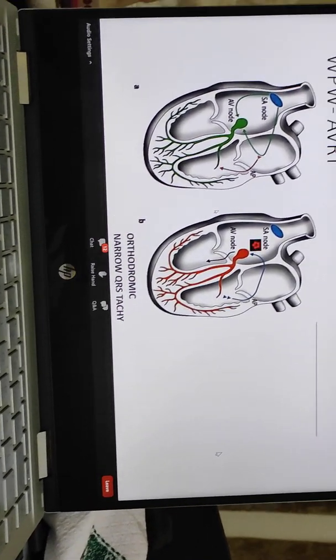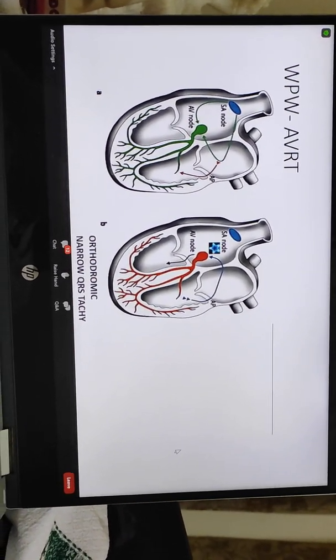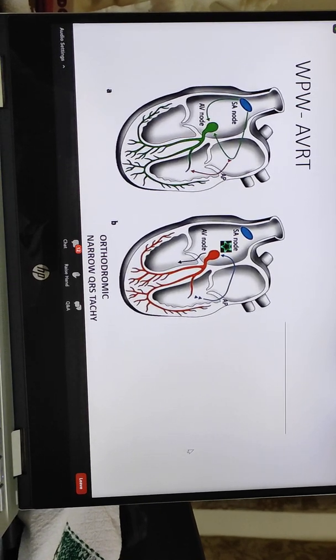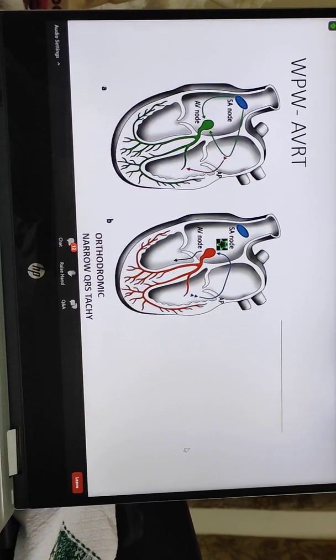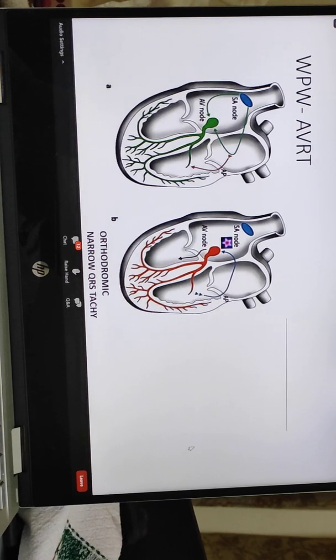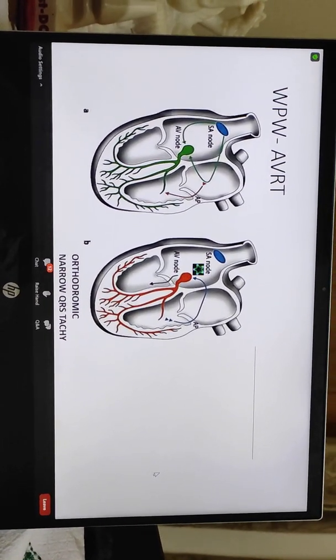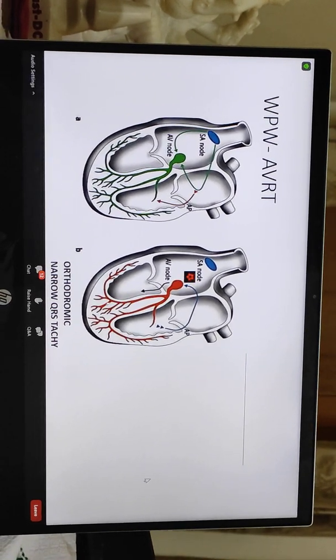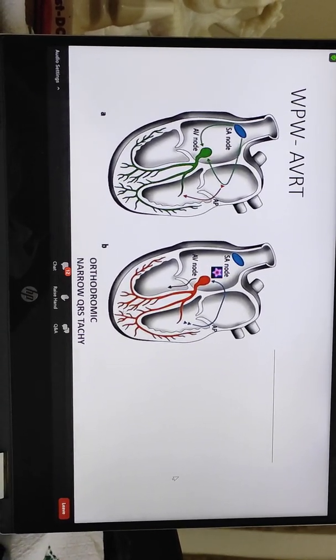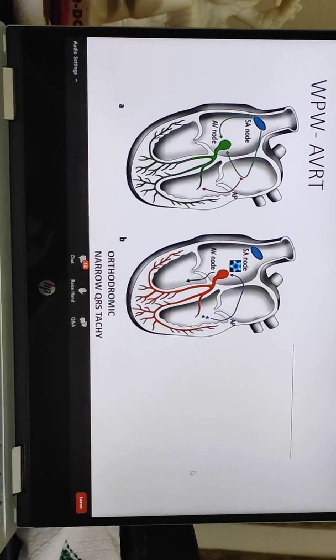First, we look at the orthodromic narrow QRS complex tachycardia. Here, when the re-entry circuit is established, the antegrade conduction is going to go through the normal pathway. That's why the normal pathway will depolarize the ventricle, which results in a narrow QRS complex.